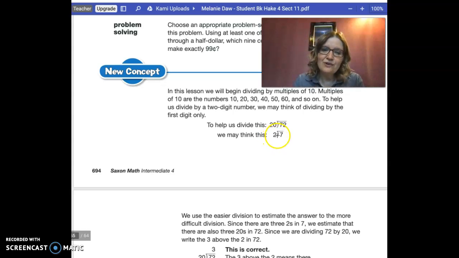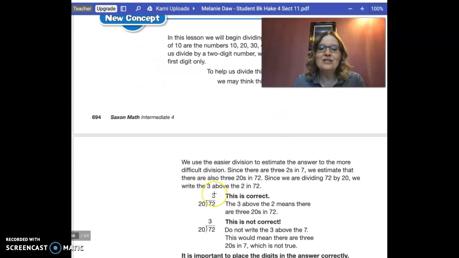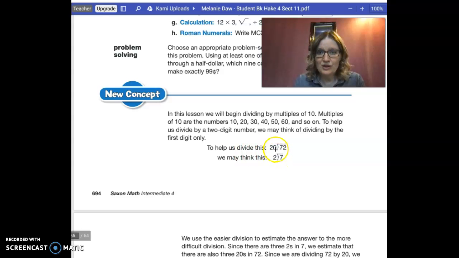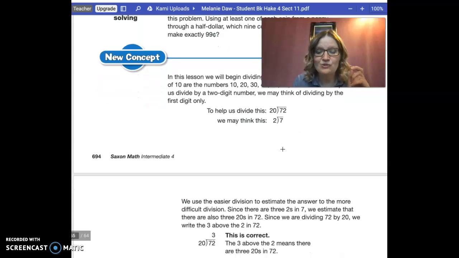So we look at the first digits, and thinking about this, I know that 3 times 20 is 60. I know that 4 times 20 is 80. So 4 is too big, but 3 is the sweet spot. So we put our 3 up here, but you need to know where to place your 3.